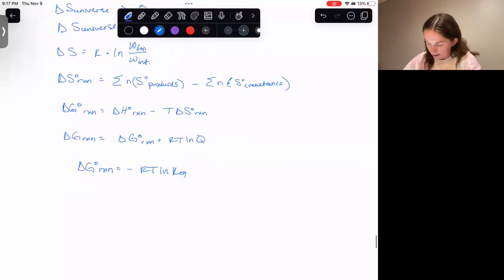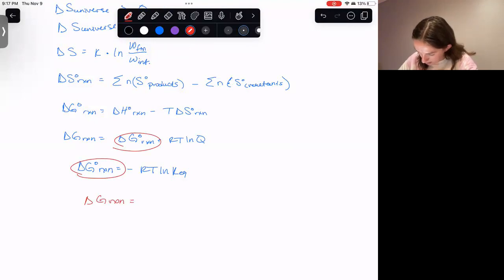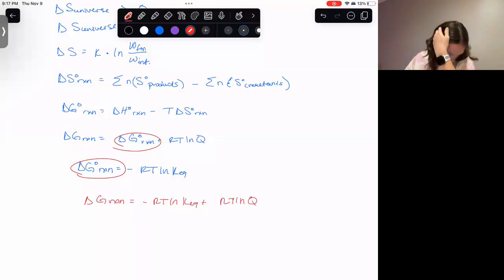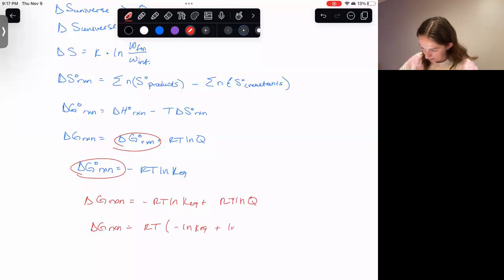So you could say delta G of the reaction is equal to negative RT ln of Keq plus RT ln Q. Then you take out the RT, and it's minus ln Keq plus ln of Q. I think that's what it is.